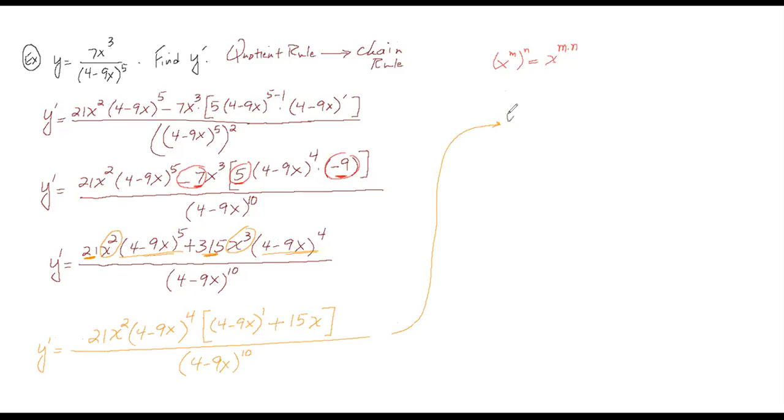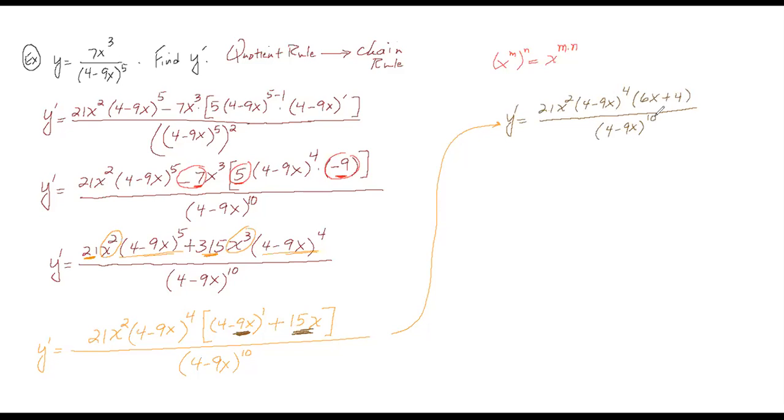So y prime is equal to 21x squared, 4 minus 9x to the fourth. Now in here, I have negative 9x plus 15x. That combines into a 6x and then plus the 4, over 4 minus 9x to the 10th.